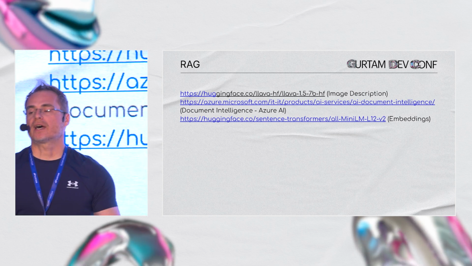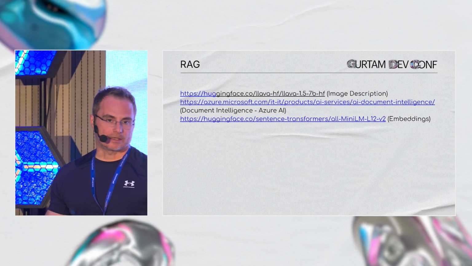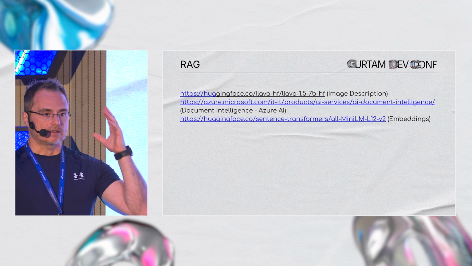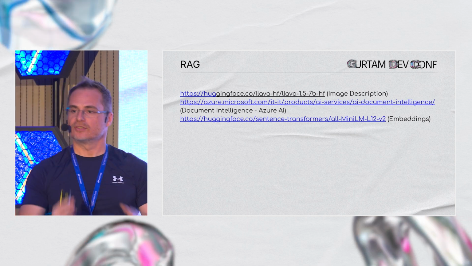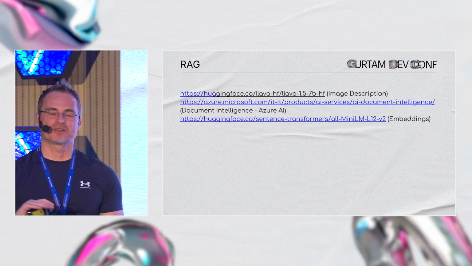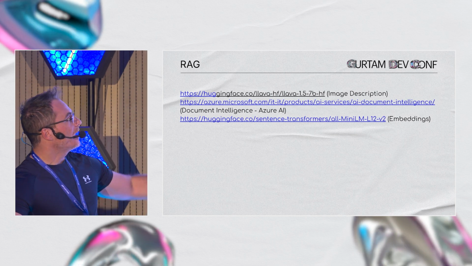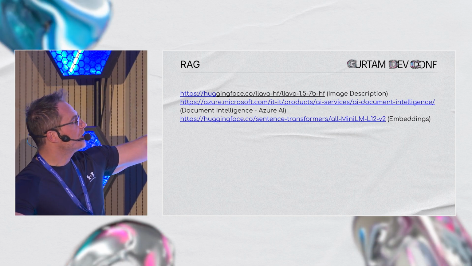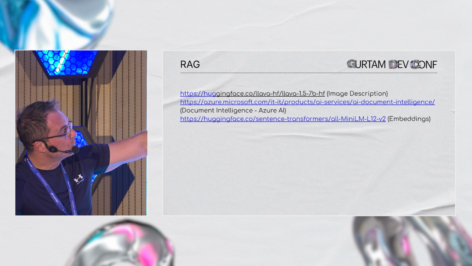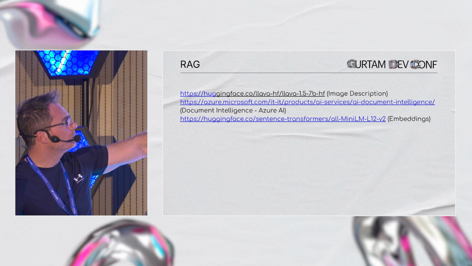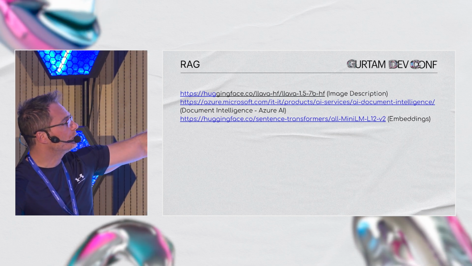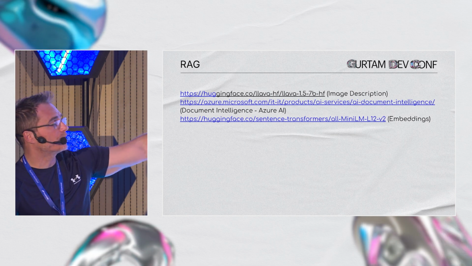I really simplified how the RAG technique works. There is a full session just for RAG, so this is not the goal. Anyway, just a couple of tools that could help you if you want to retrieve, for example, images.